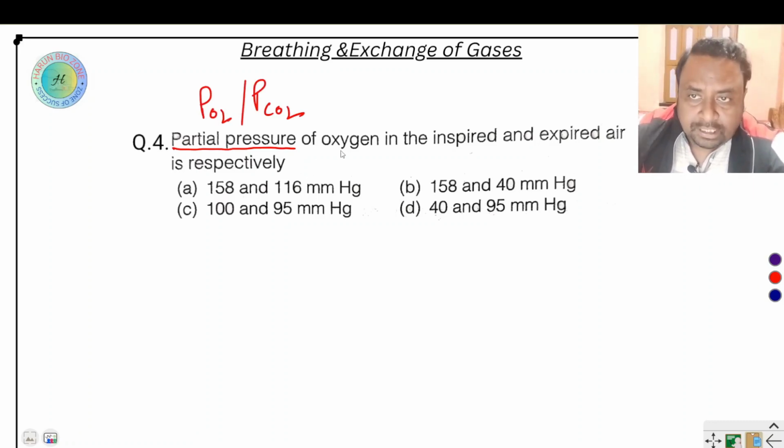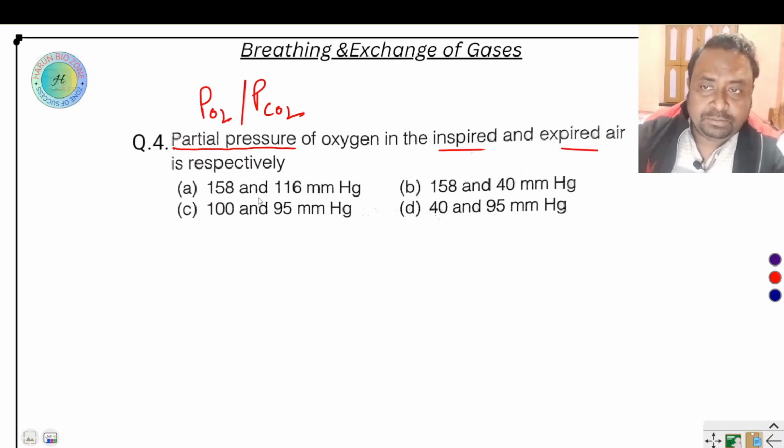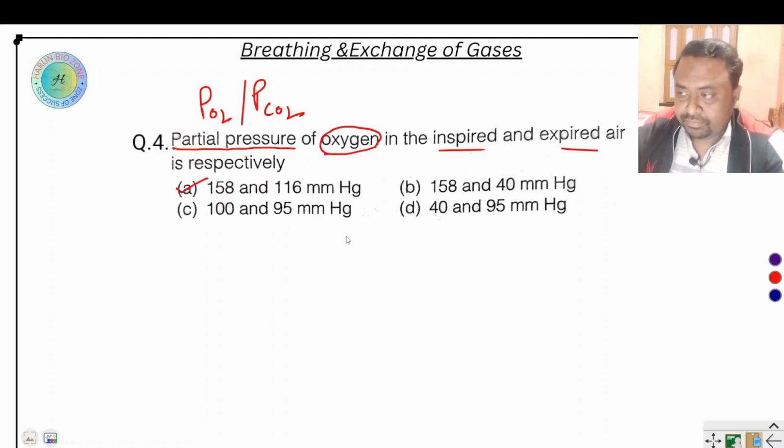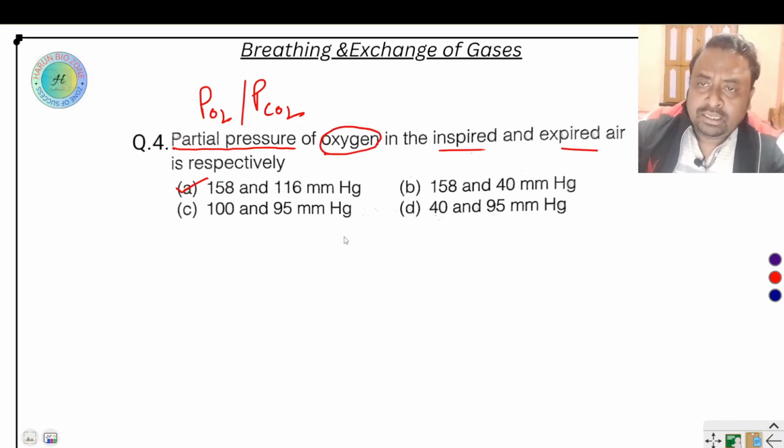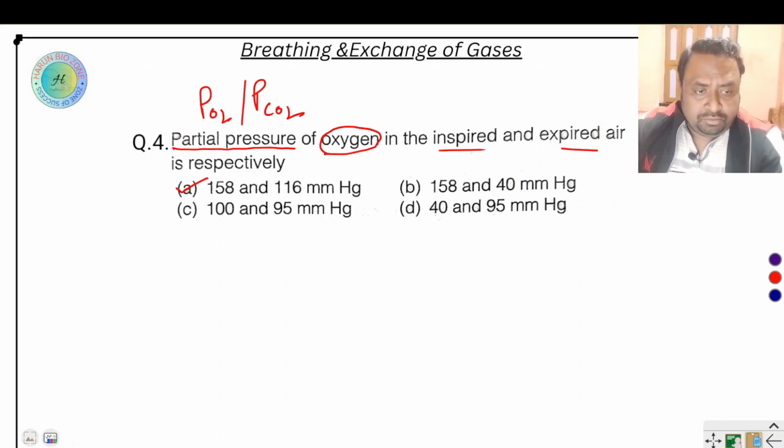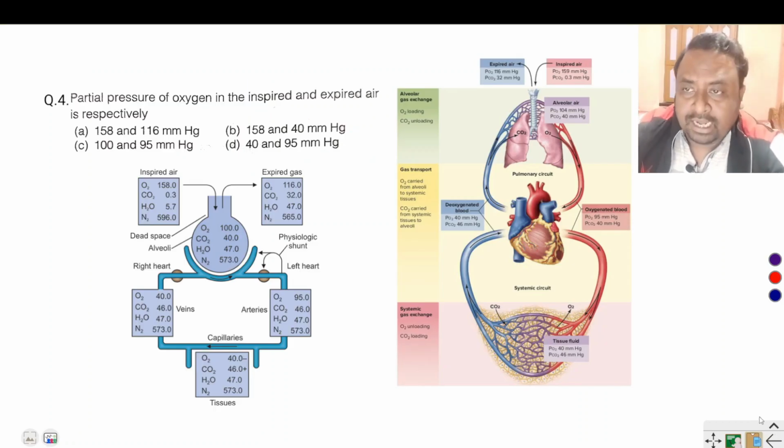Okay. The partial pressure of oxygen in the inspired or expired air is respectively 158 and 116 mmHg. How can we explain it with a diagram?